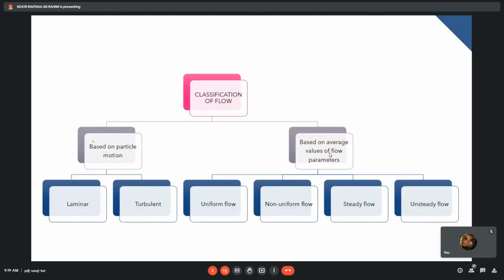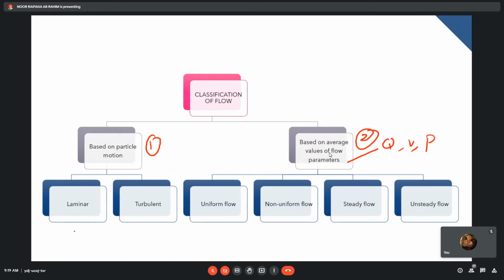Okay, untuk classification of flow, kita ada dua. It's divided into two. First is based on particle motion, and second is based on average value of flow parameters. Flow parameters ni adalah discharge, velocity, pressure. And then for laminar ni, rasanya semua dah tahulah.